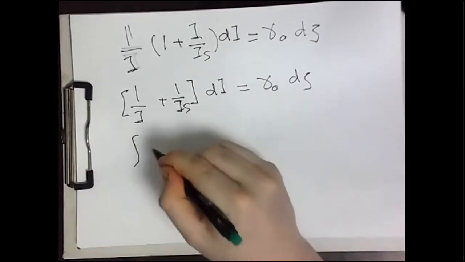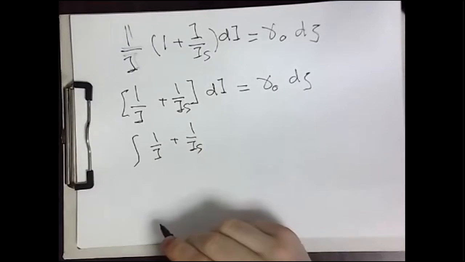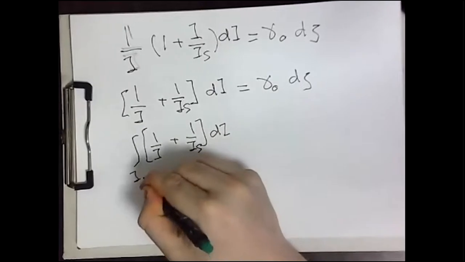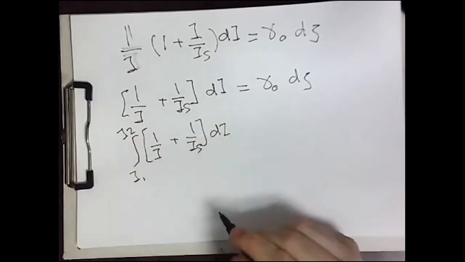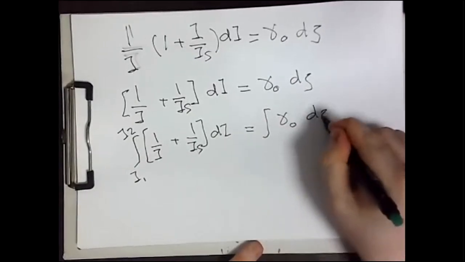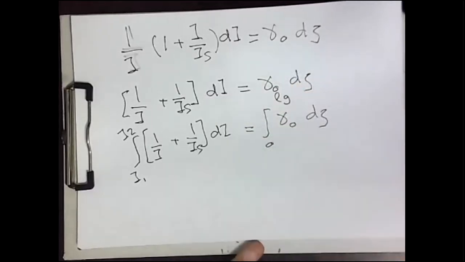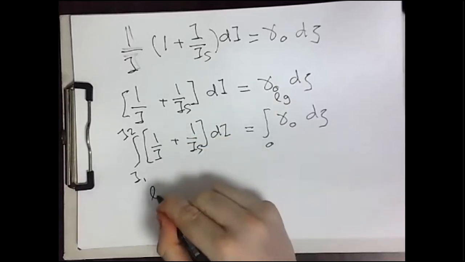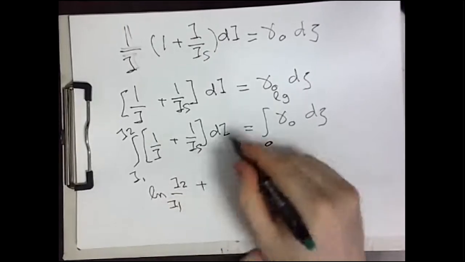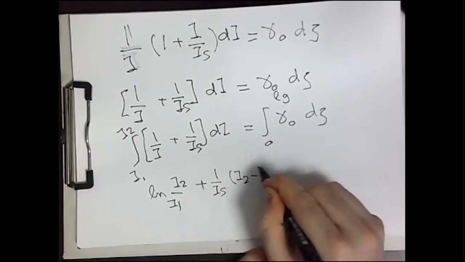So now this is the integration of 1 over I plus 1 over Is dI from I1 to I2, where I1 is the input and I2 is the output, equals the integration of gamma0, which is a constant, dz, over the length of the material, which, if you remember, is Lg, so from 0 to Lg. 1 over I, the integration will give you ln, so it will be ln I2 over I1, plus, here Is is a constant, so 1 over Is times I2 minus I1.